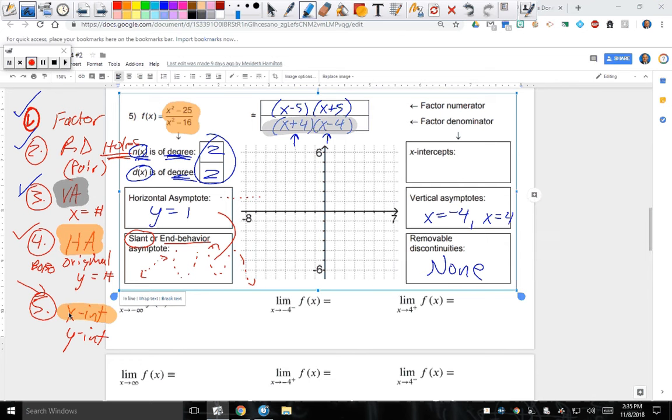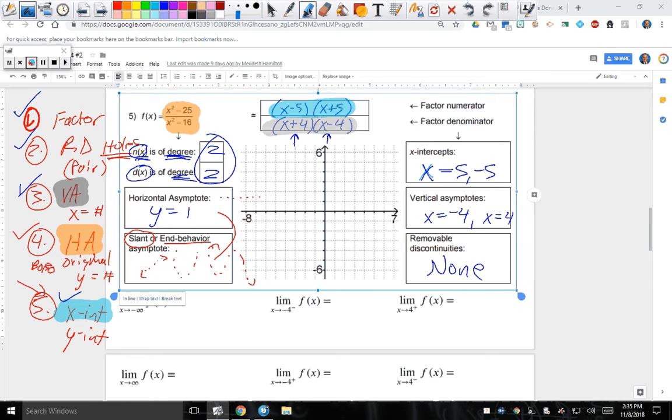So this numerator over here, let me color coordinate it with blue, this numerator will give you all your zeros of the function, otherwise where it crosses the x-axis. Okay? So we're going to put x is equal to what in the order that you see it? 5, negative 5. Alright, and then the last one.